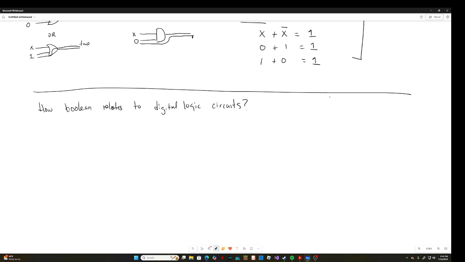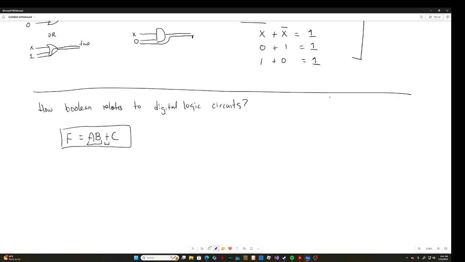Well, if we have A, B, or C, and that's equal to F, for example, then when you have this, you can see that this is an AND gate and this is an OR gate.